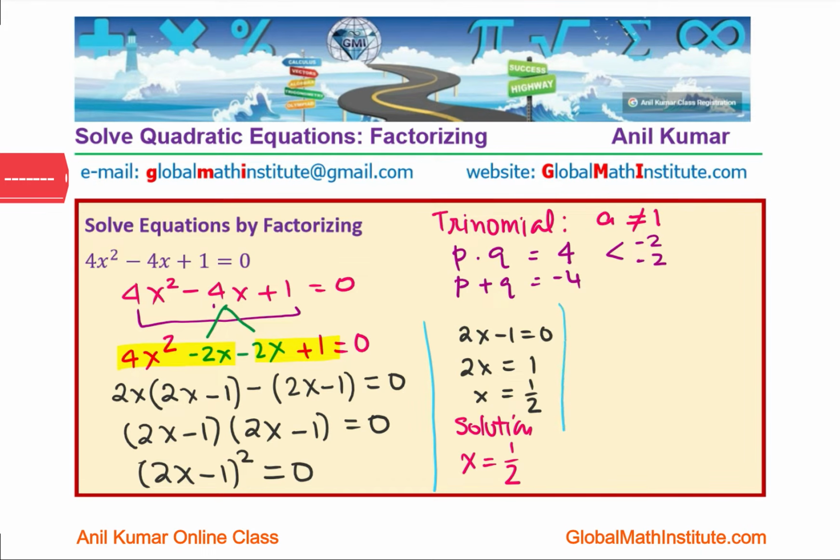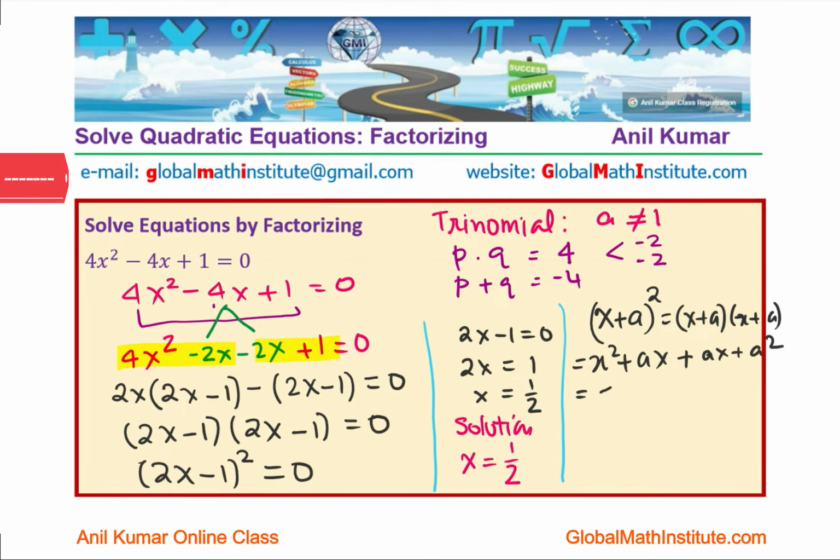Now let's try to understand these perfect squares. We know how to graph them. There will be a turning point on the x-axis. Now the formula is very clear. Let's say we have x plus a whole square. So it really means you are multiplying x plus a by itself. So when you multiply, you get x squared plus ax plus ax plus a squared.